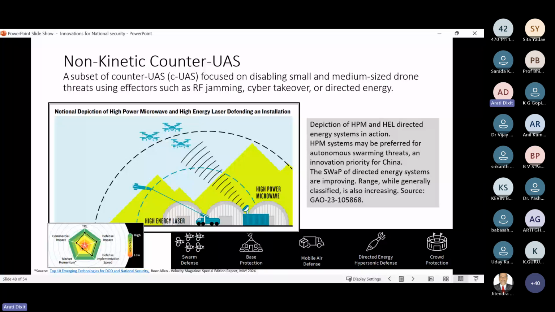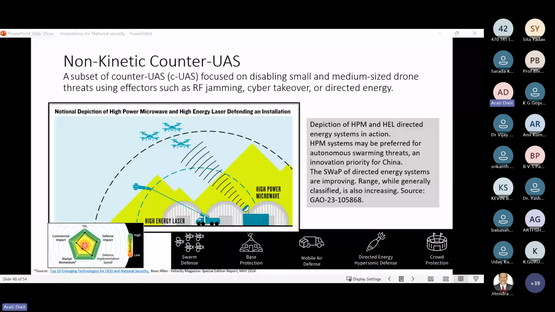So applications and use cases are in swarm computing, as we saw, or something like mobile air or directed energy hypersonic defense, and crowd protection at our cricket stadiums or for huge get-togethers that happen for different festivals or events.